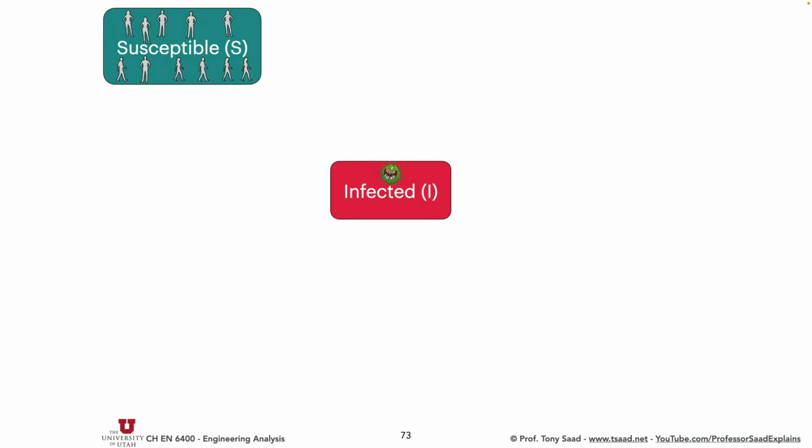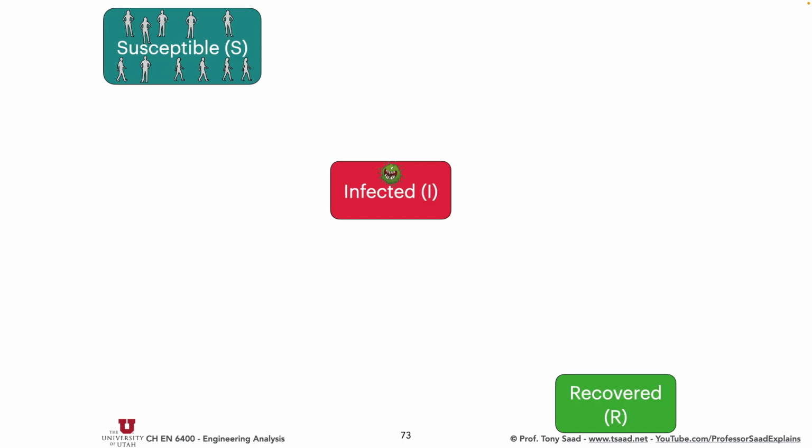So I'm going to consider 3 populations, 3 compartments. 3 department stores, 3 compartments. A compartment filled with susceptible people who are just generally not infected, not coughing, don't have the flu or the COVID or the cold or whatever.